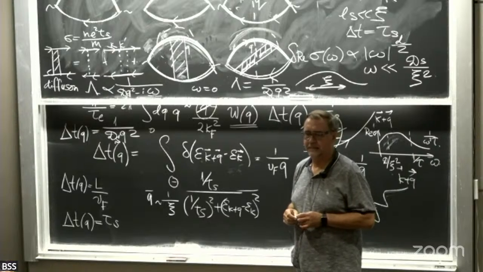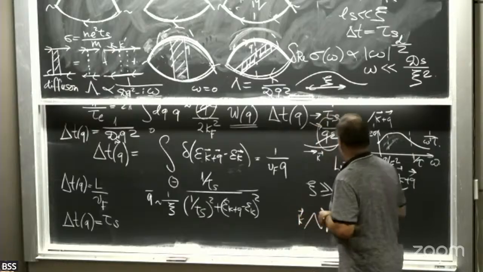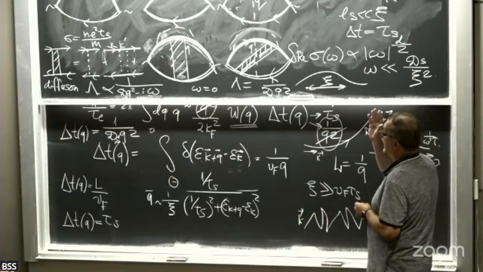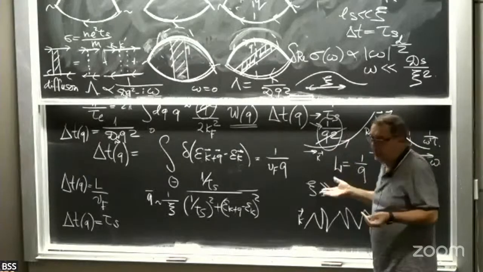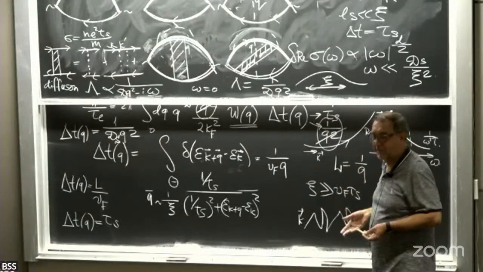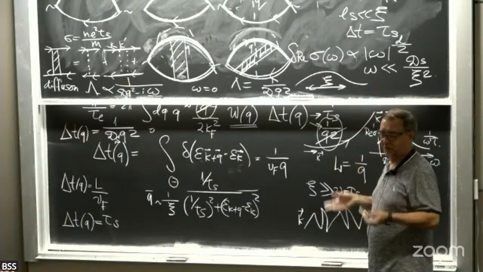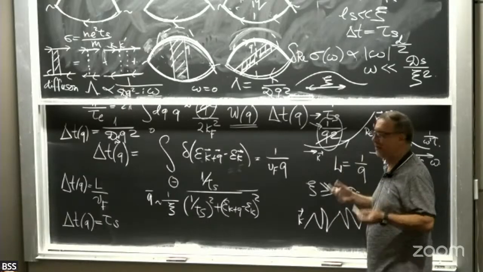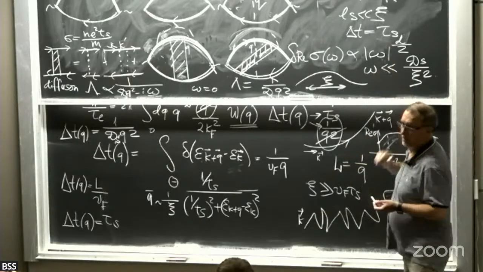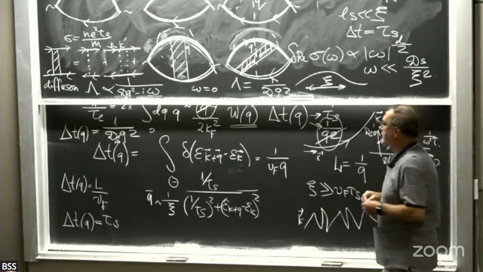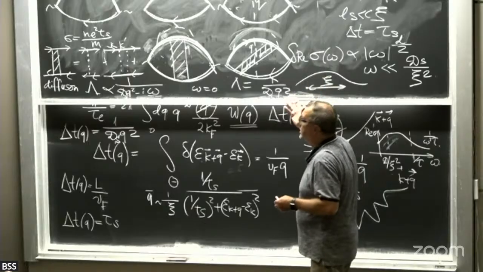Yes. How do you get this relation that sigma is proportional to omega? So I didn't tell you really how I got the static part, but doing these diagrams, calculating them, I can do it at finite frequency, I can do it at zero frequency. So if I do this calculation at finite frequency and subtract off the zero frequency part, that's what I get, right? Okay. Details of calculation don't matter.